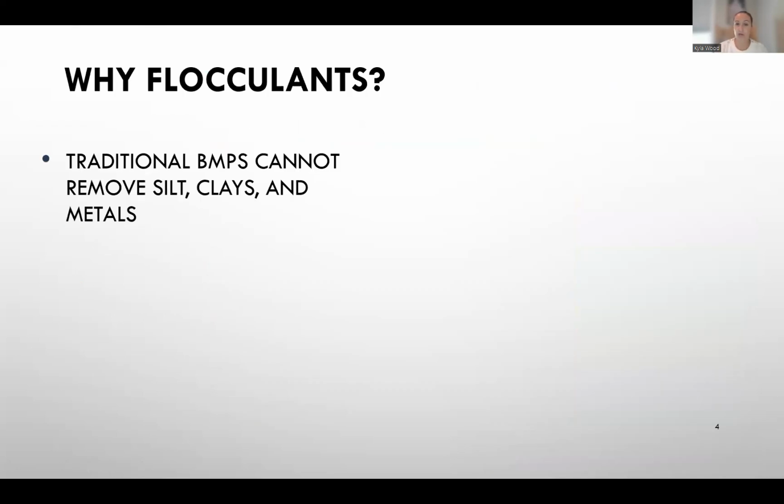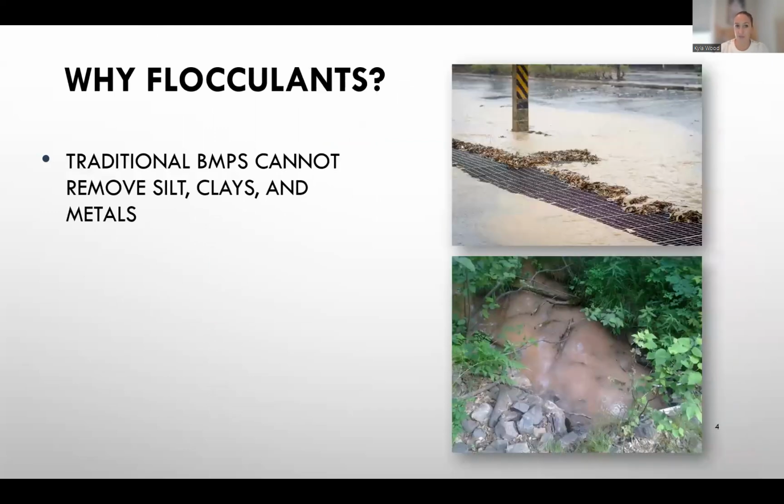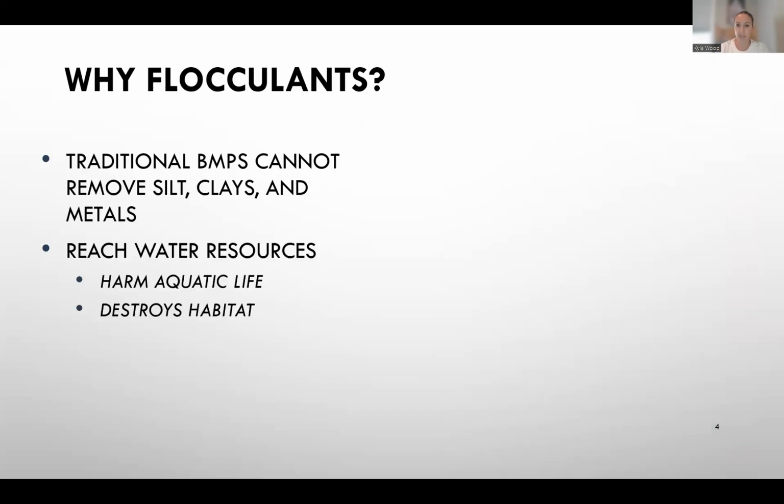So again, why are we using flocculants in the first place? We talked about this last time, but we have a lot of traditional BMPs that can't remove those really small particles. Things like silt, clays, and metals will blow right through our silt fences, right through our check structures. They can stay suspended in the water column for weeks or even months, depending on the type of clays you have.